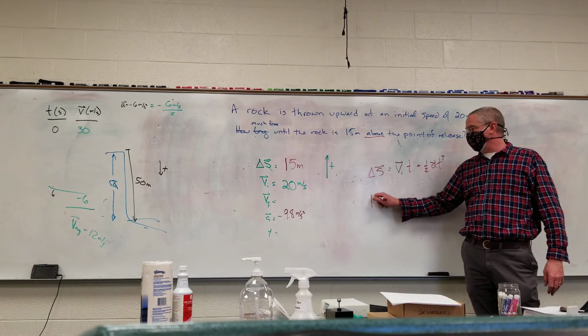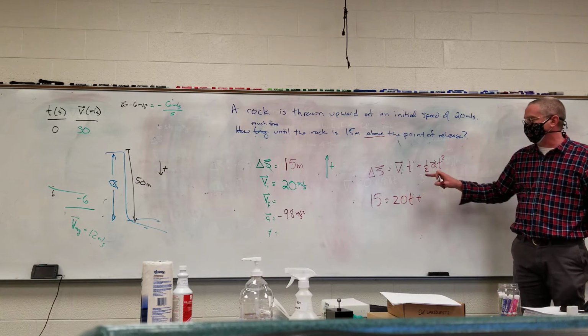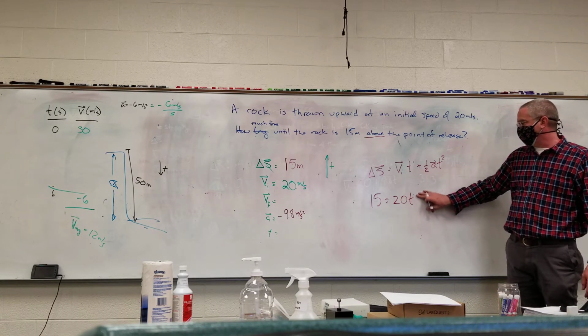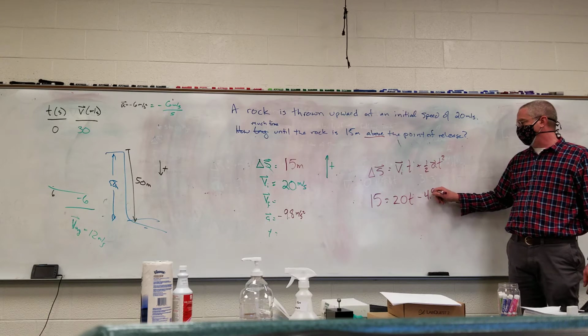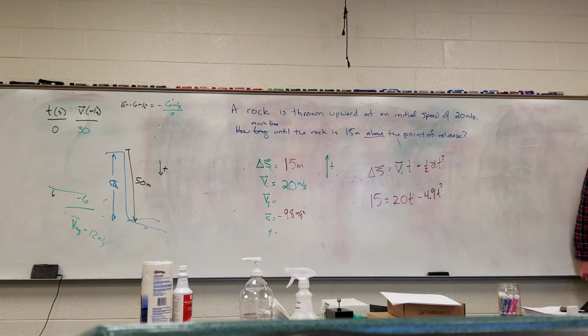So I have 15 is equal to 20t plus 1/2 times the acceleration. So that would be minus 4.9 t squared. 4.9, that's half of 9.8. It's minus because my acceleration is negative.